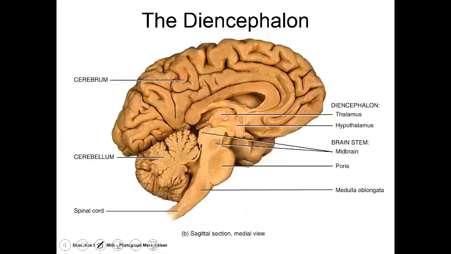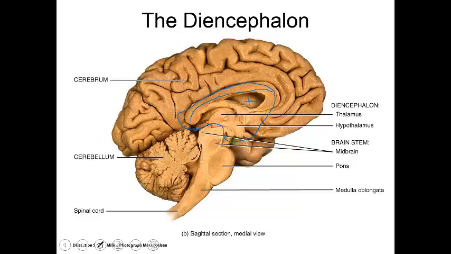So the next section that we're going to go over is the diencephalon. So whatever I'm circling right here is the diencephalon. That is the diencephalon right here. Now this hollow region is the lateral ventricle. The diencephalon has this lighter stained region.